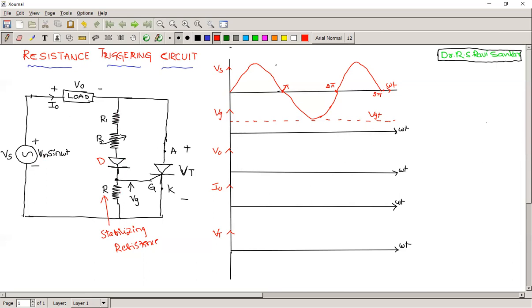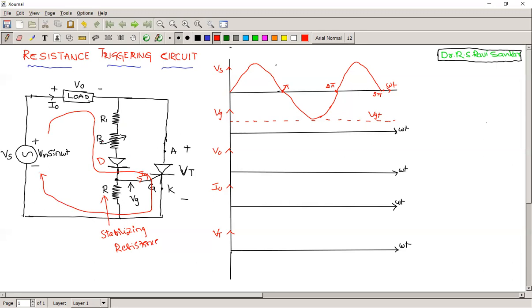Now in this branch, we made R2 zero. The gate current IG passes from the source through R1, R2, the diode, the gate and the cathode, and returns to the source in this manner.